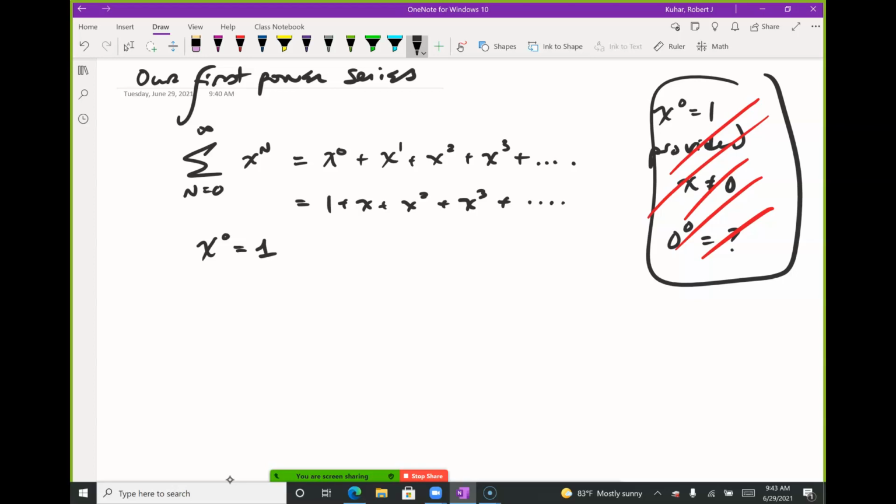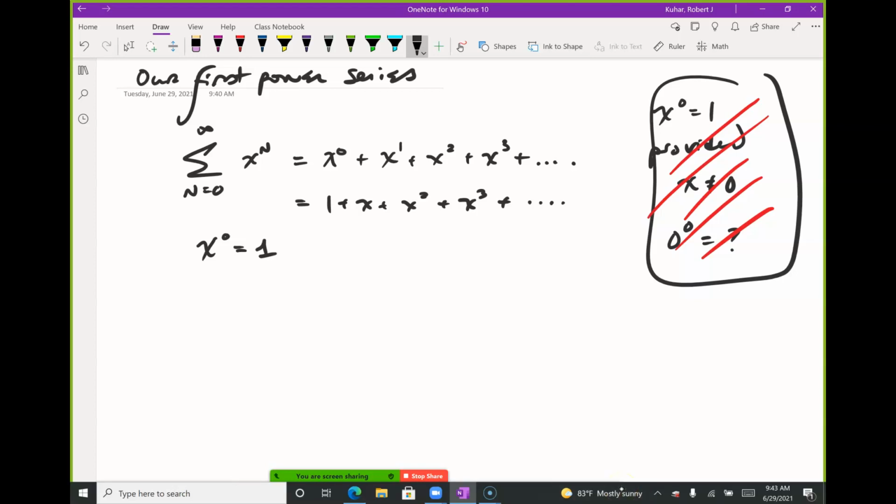What values of x can I plug into this and it'll add up? Less than 1. Less than 1 in absolute value. So negative 1/2, or positive 1/2, right? 1/3, 1 over pi, right? Any number in absolute value that is less than 1 will converge.